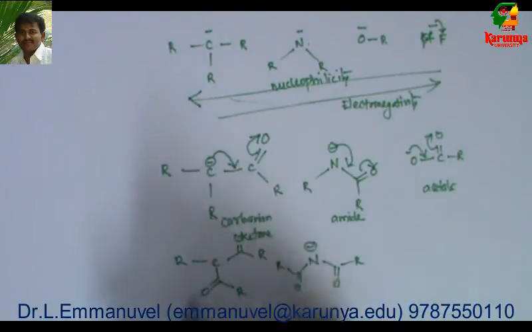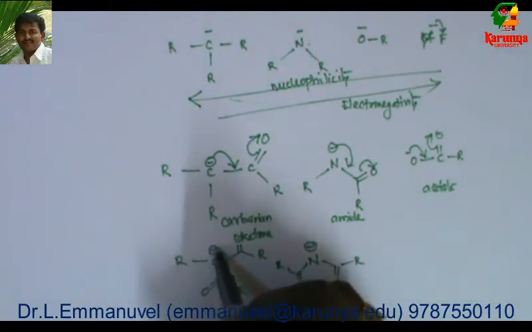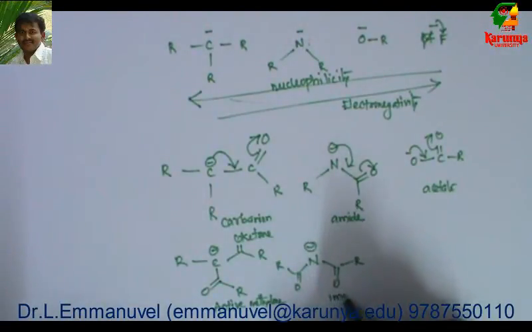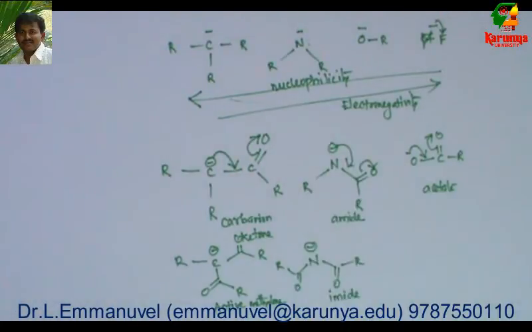This compound is called active methylene compound, which has two electron withdrawing groups or two carbonyl groups. So the anion generated from active methylene compound, and this one is called imide. If there is one carbonyl group, then we call it amide. If there are two, we call it imide. In this case, it is not possible.